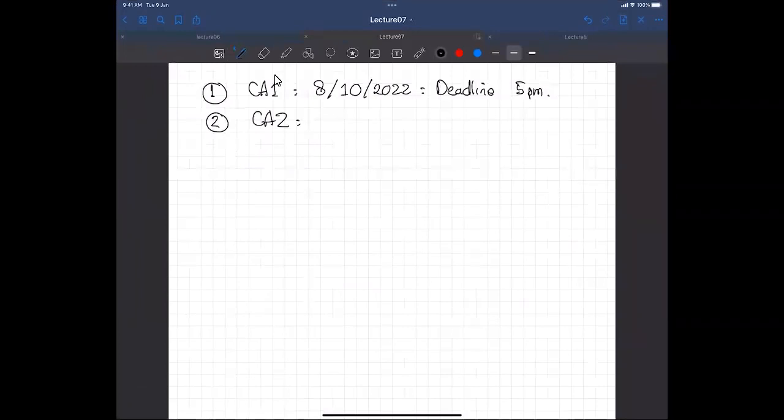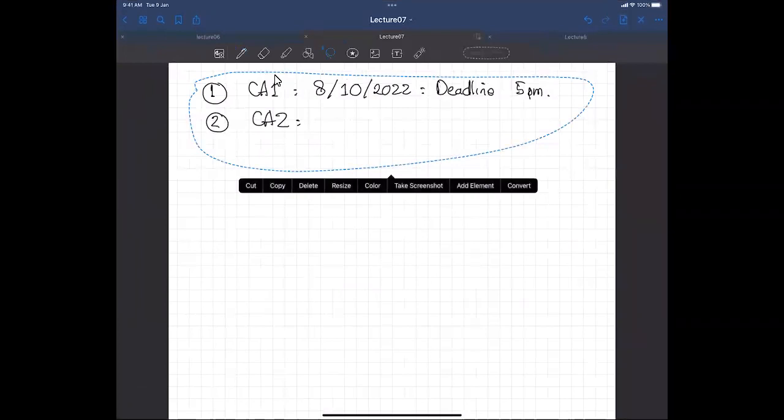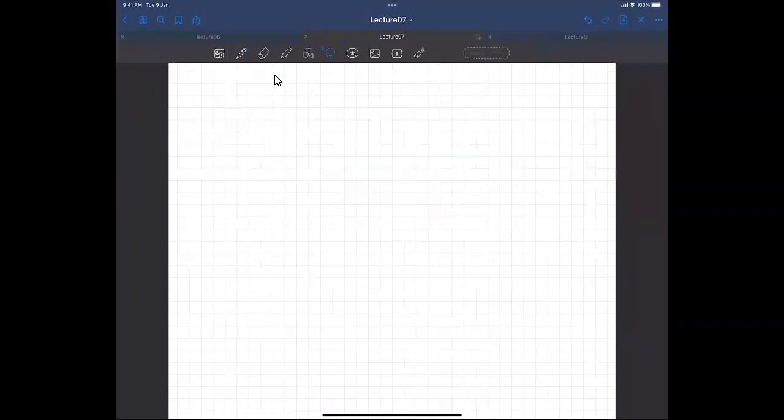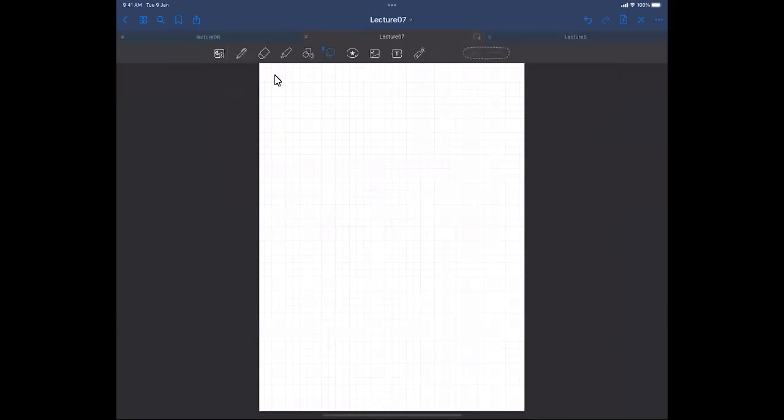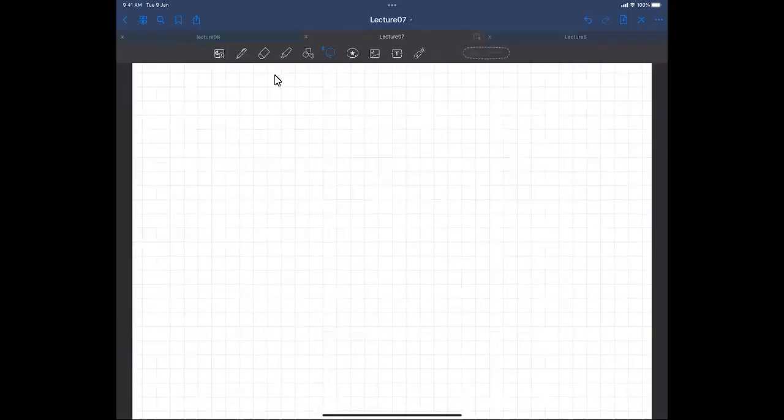Okay, so now we have discussed graph cuts. We talked about the MRF graph, which gives you a complete MRF graph.